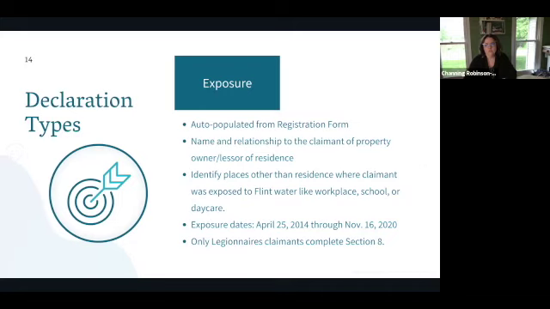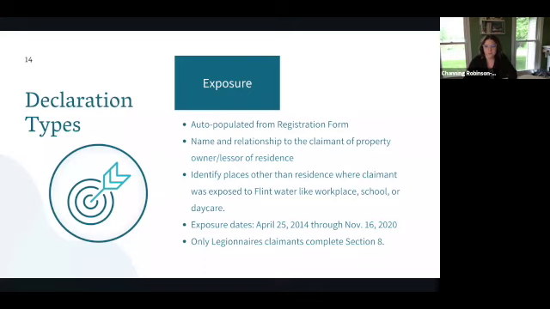Like the claims forms, your declaration forms will be auto-populated based on the information you provided in your registration form. You'll have your name in relationship to the claimant or the property owner / lessor of the residence. And if some of this terminology gets confusing, we're around to answer your questions, okay? So don't be confused by anything you see on these forms.